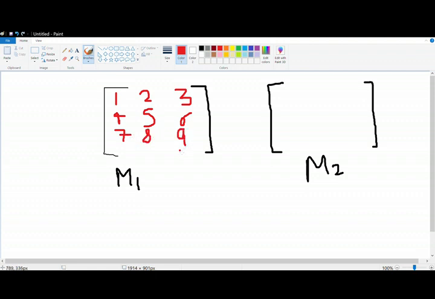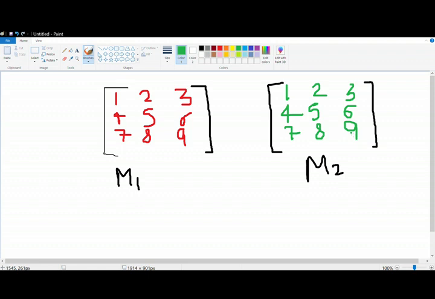So these are the elements of the M1 matrix. Okay, so if I want to tell you the elements of the second matrix, the elements I will input are 1, 2, 3, again 4, 5, 6, 7, 8 and 9.